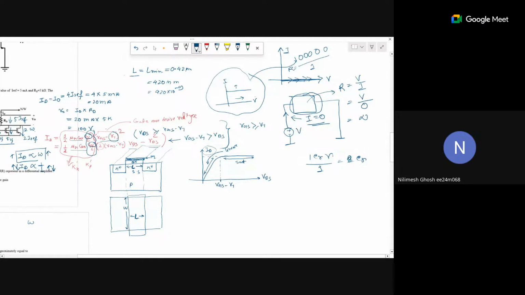So there is no upper limit. Whatever voltage you are applying, that is not allowing the current to flow. That means the resistance is very high. That's why I'm saying that in the saturation region, with the increase in voltage, the current is not increasing.